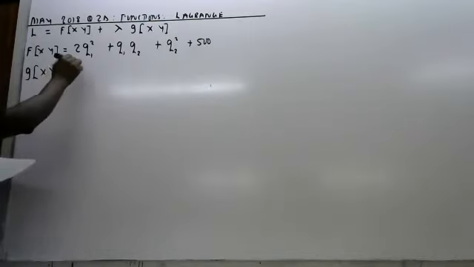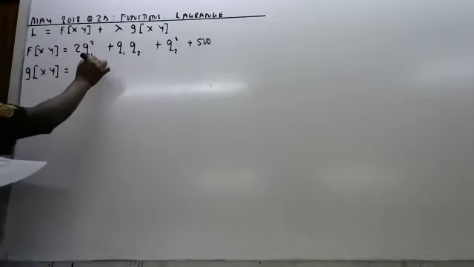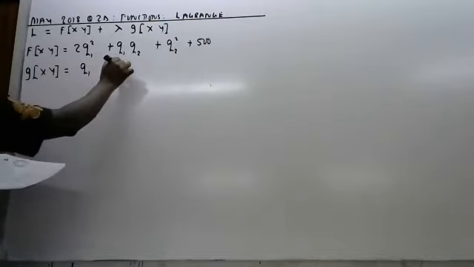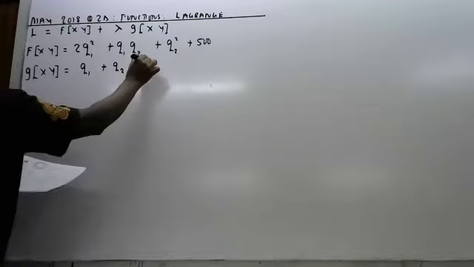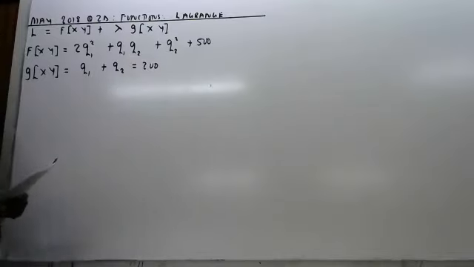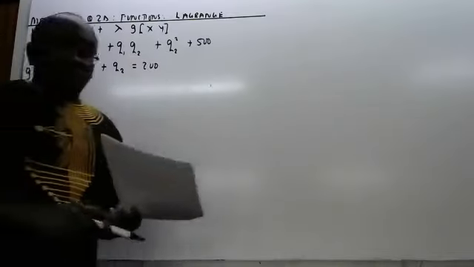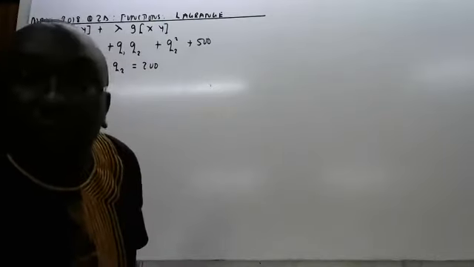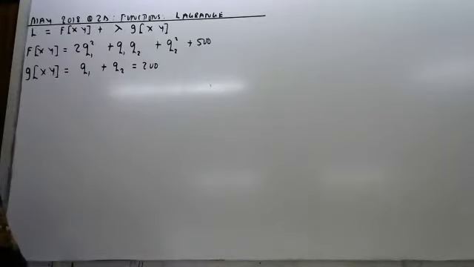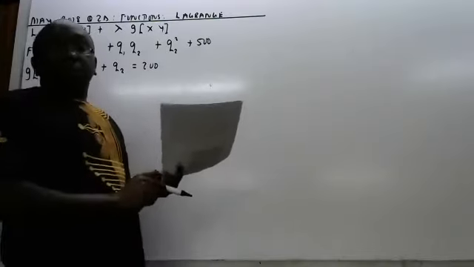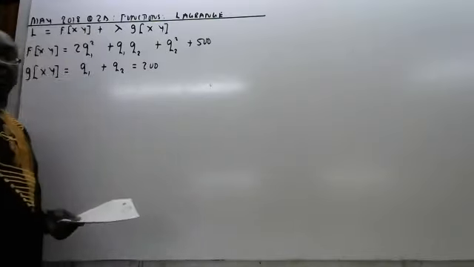So what that means is that Q1 plus Q2 should be equal to 200.